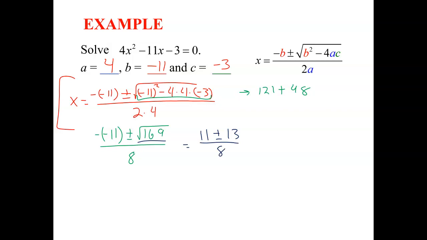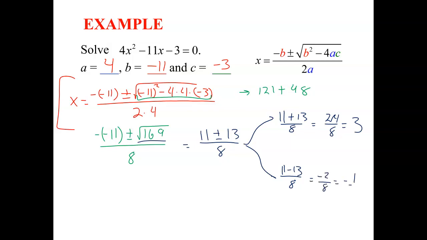We have the positive and negative, and so we need to treat this as two separate fractions. 11 plus 13 over 8 and 11 minus 13 over 8. 11 plus 13, 24 over 8, which simplifies to 3. 11 minus 13, negative 2 over 8, which simplifies to negative 1/4. Okay, so x equals 3 and negative 1/4.